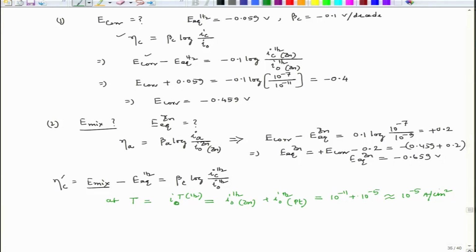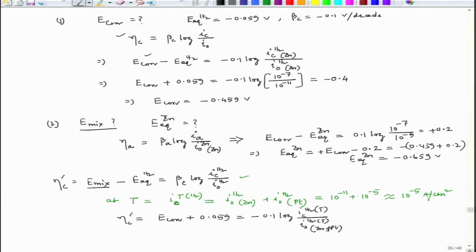Once we know this, I can put it up here. So, eta C prime equals E corr plus 0.059 equals minus 0.1 log 10 to the power minus 5, so some IC hydrogen total divided by I0 hydrogen total over the zinc as well as platinum surface.